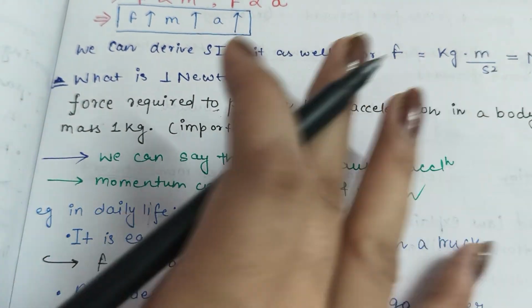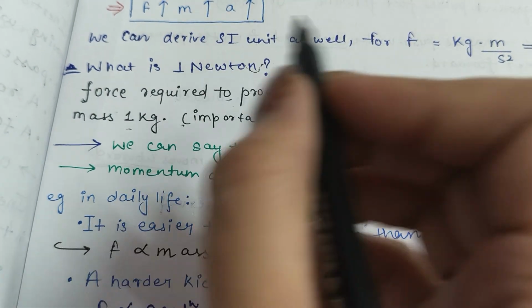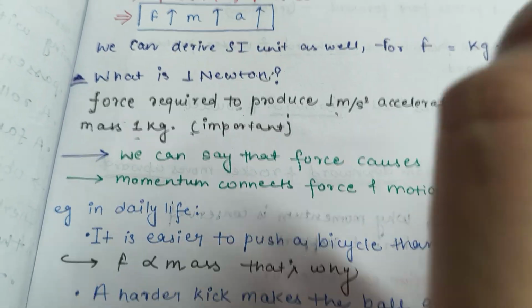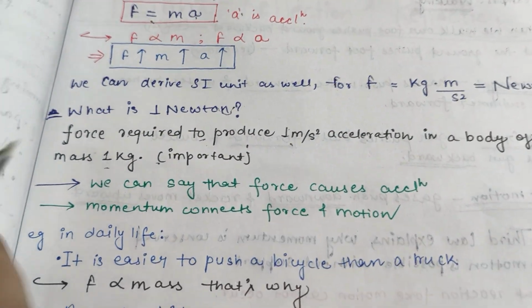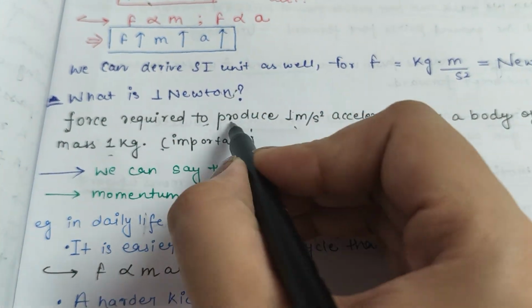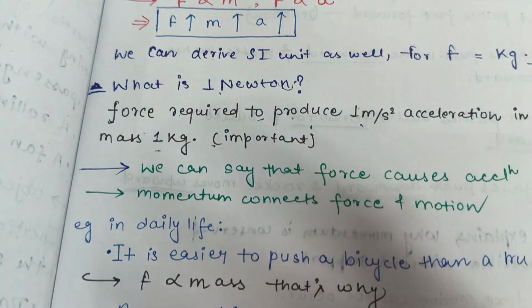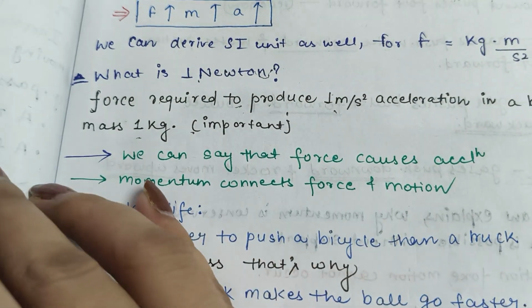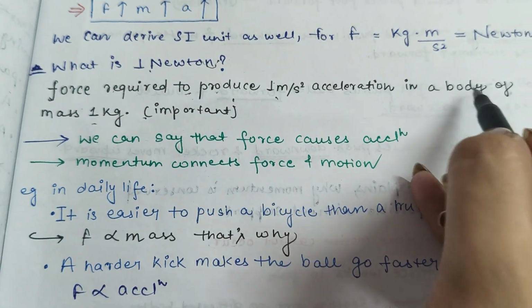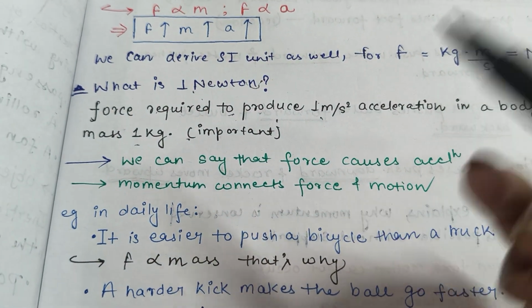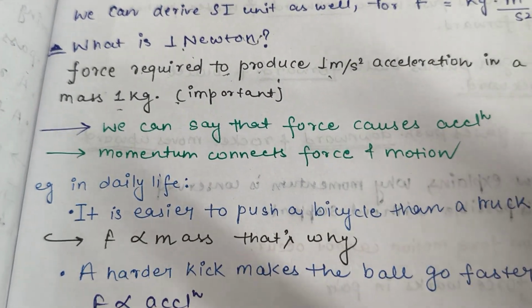To generate or produce motion we need force. So the amount of force that is needed to create 1 meter per second square acceleration in a body of mass 1 kg is nothing but 1 Newton.